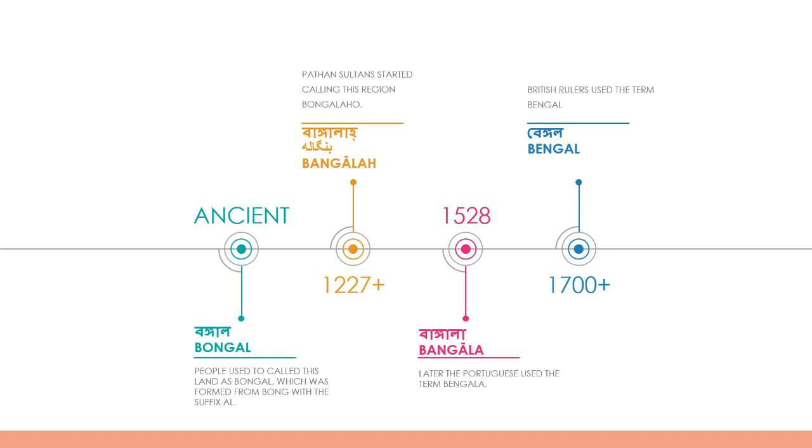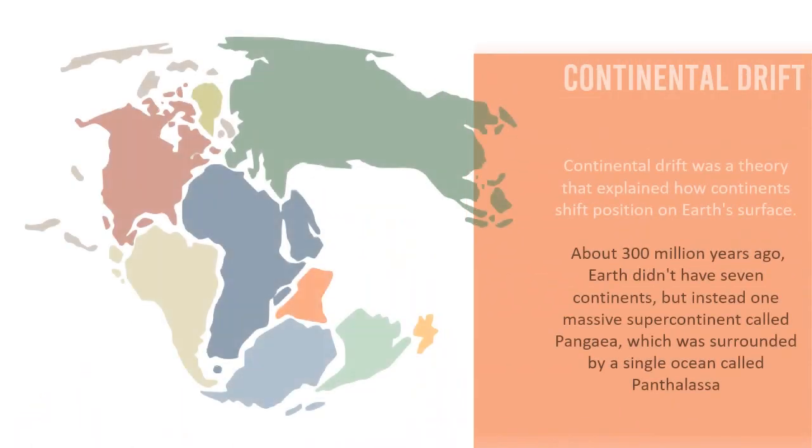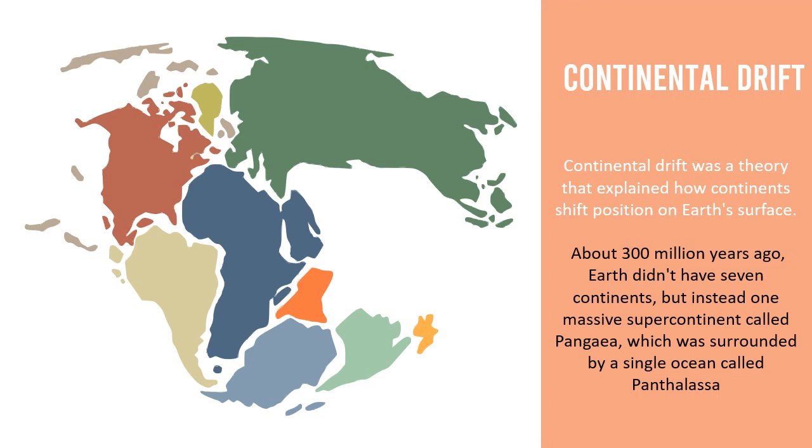Before exploring in depth the historical or political boundary and their identity, let us try to explore the formation of this land and its development. To understand the formation of this land, we have to go back at least 300 million years from the present day. According to the continental drift theory, the world was a single mass about 300 million years ago, a supercontinent called Pangaea.